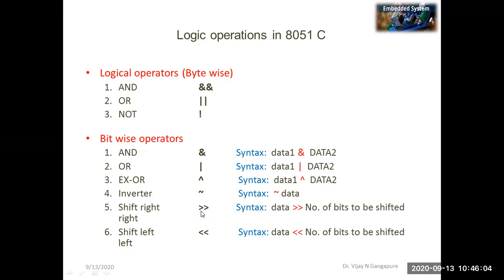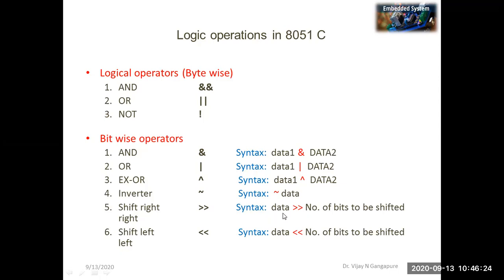It will shift the data in the given byte towards the right, by how many positions, that will be specified by the number given. How to specify that number? This is the syntax.